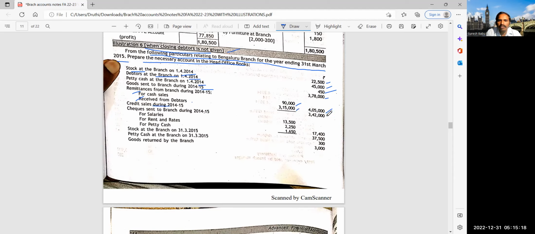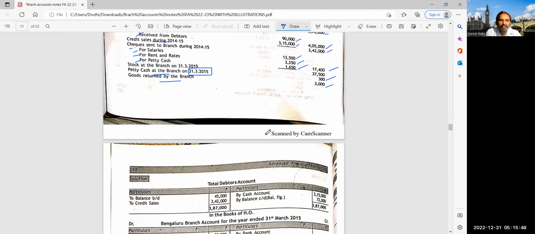Credit sales 3,22,000. Cheques sent for salary 13,500, rent and rates 2,250, petty cash 1,650, total 17,400. Petty cash at the branch: the closing figure of 300 rupees is recorded directly on the credit side of the branch account, no calculations. Goods returned by the branch, 3,000, which has to be credited to branch account.